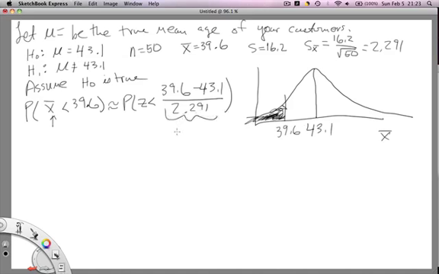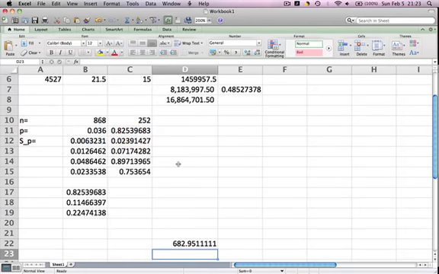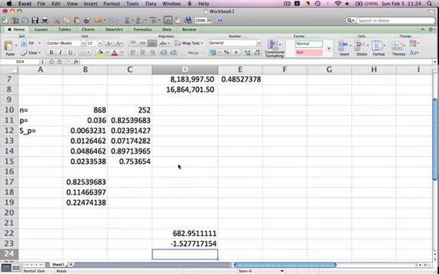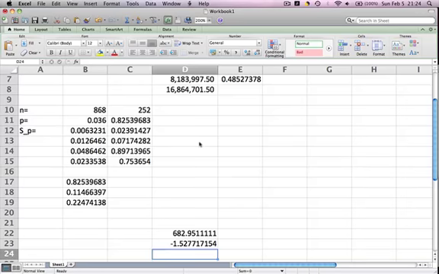And if you do your math, actually, I don't have the math here, so let's go do the math. If we go over to Excel, this will be 39.6 minus 43.1 divided by 2.291. So this is minus 1.53, call it. Minus 1.53. Now we have to go look that up.